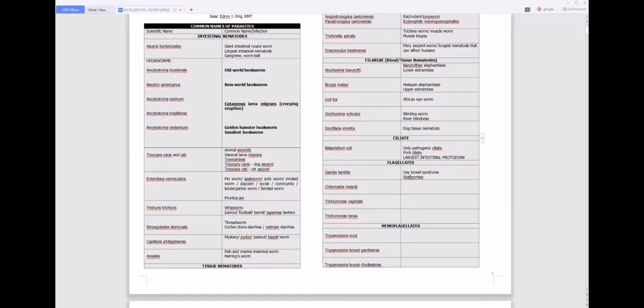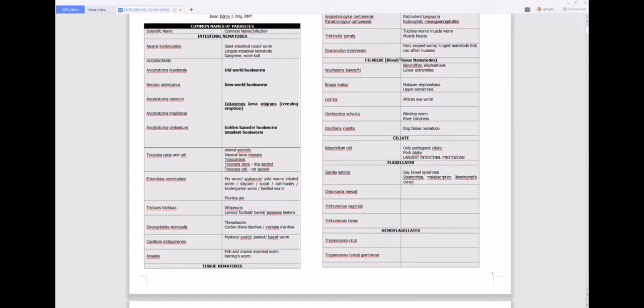Di ba steatorrhea is the presence of fat or lipids in the stool. So Giardia lamblia can cause steatorrhea. Can also cause malabsorption. So itong malabsorption na sinasabi, this is what we call Leningrad's curse. Leningrad's curse, okay? So Giardia lamblia, gay bowel syndrome, steatorrhea, and malabsorption, also called as Leningrad's curse.